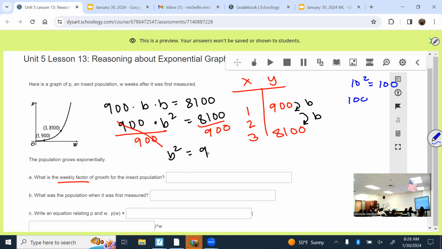Can you tell me what the square root of 100 is? No, not 100. Square root of 100? Okay. So square rooting something cancels out the square. And then whatever you do on one side, you do to the other side. That's what gets the b alone.